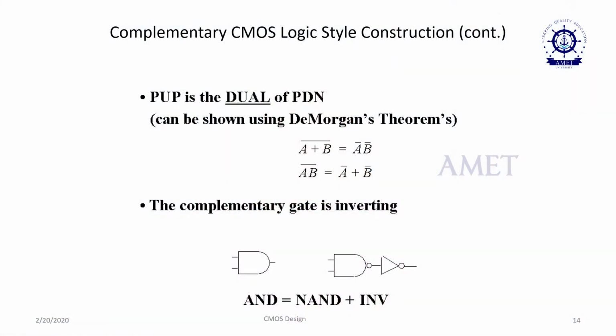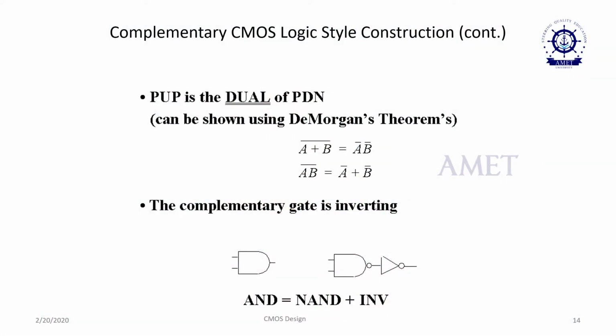Similarly, you can derive the NAND gate. You need 4 transistors, 2 NMOS transistors and 2 PMOS transistors. If 2 transistors are connected in series, the corresponding output will be either high or low. You can look at the truth table.